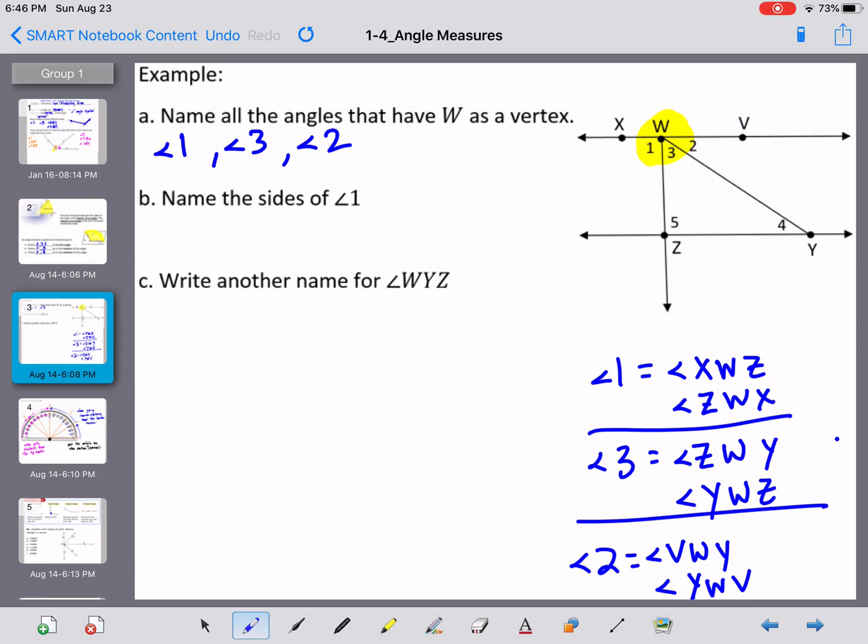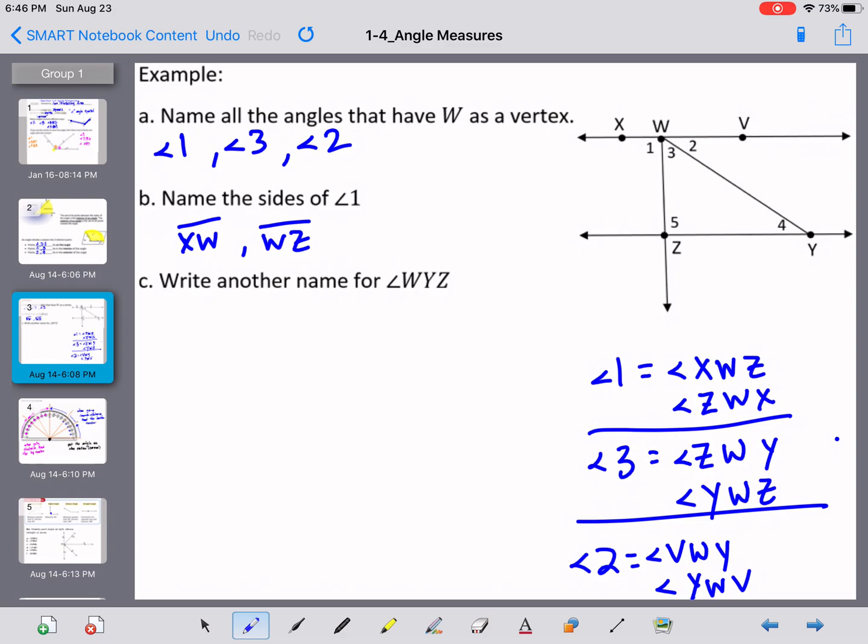The sides of angle 1. All right, here's angle 1. So XW and WZ. They kind of box in that angle. And then write another name for angle WYZ. Pretty sure we've already done that.